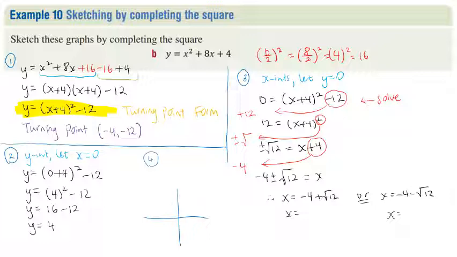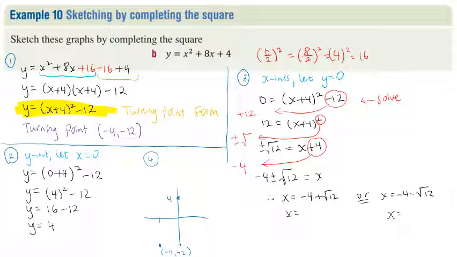So we've got our y-intercept at 4. Our turning point is at -4, -12 down here somewhere. -4, -12. So tiny. And then our x-intercept is around -4 plus 3.